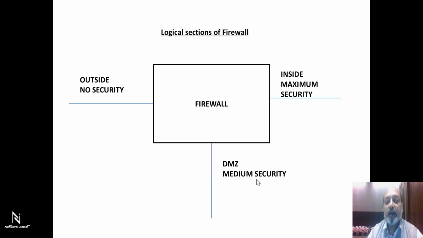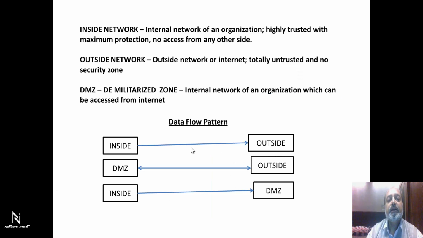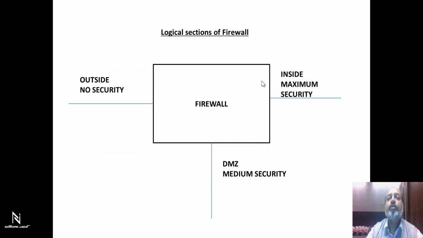But what I have discussed here is the default nature of any firewall. Whenever a firewall is not configured and is left at its default, it behaves like this: anything is allowed from inside to go anywhere, whereas nothing is allowed from anywhere to go into the inside. So this is the default property of a firewall.